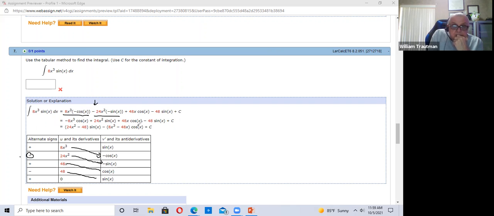Then this is the last part of the answer with the minus in front. So once again, I think I might have said it wrong when we looked at the PowerPoint. The U's, you take the derivatives, the dV's, you integrate. And you see, this is the answer.